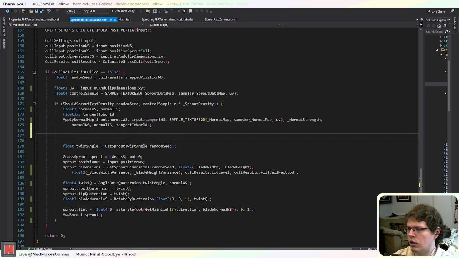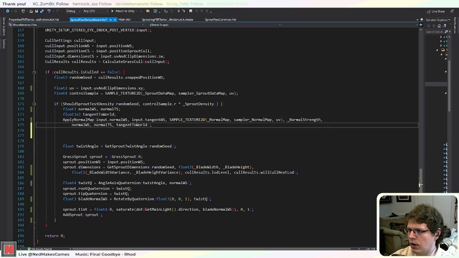Wait, is this? Okay. Okay, so I guess I'm going to ignore the normal map for now, because what's going to happen is we kind of have to calculate another tangent to world using the modified normal. But for now, we'll just use the actual normal from the mesh.